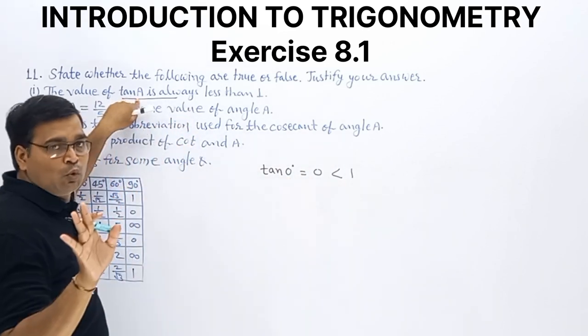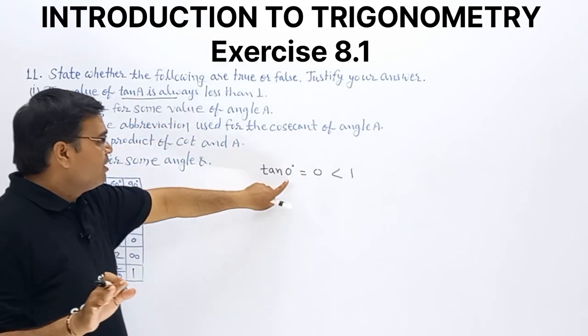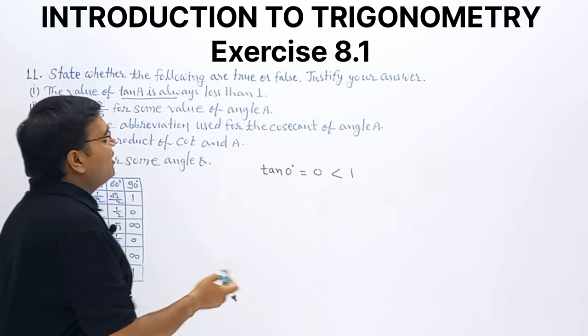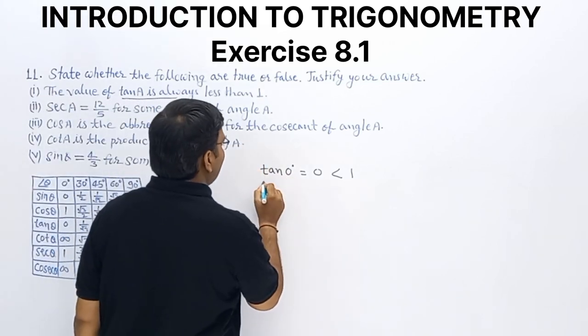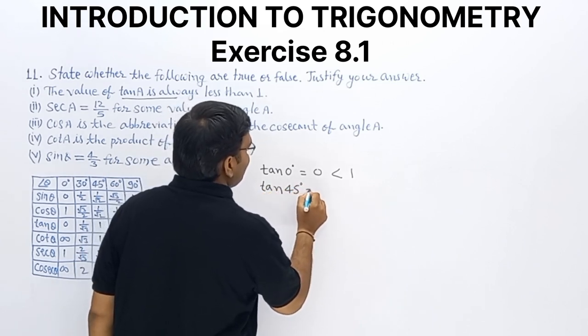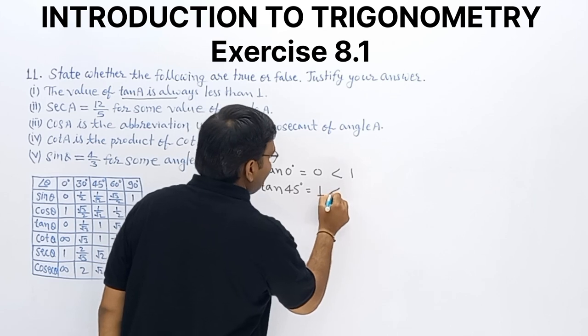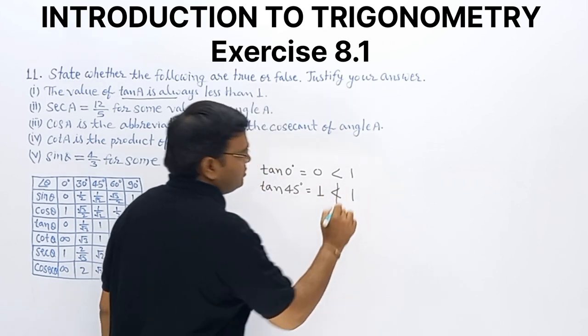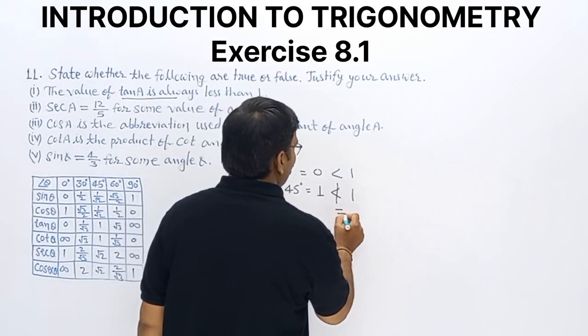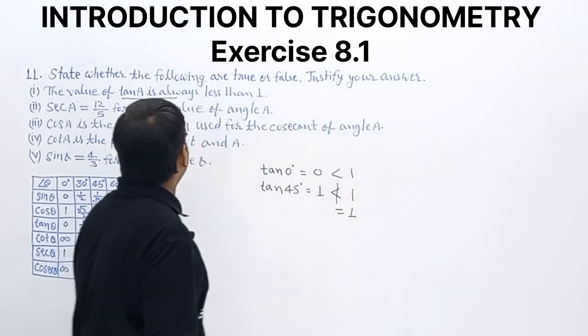From this observation we can say it is true. But once we change the angle, tangent 45 degree, what is the value? 1. Is 1 less than 1? No. 1 is not less than 1. 1 is equal to 1.